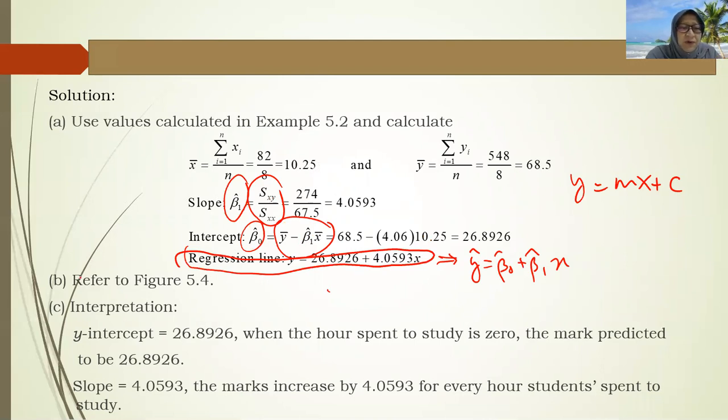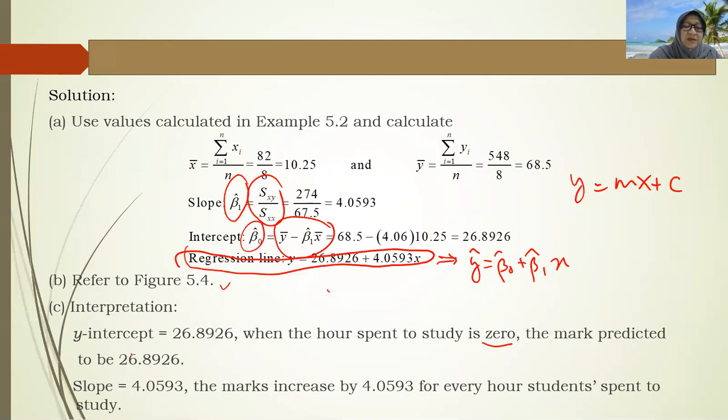The scatter diagram is similar to that shown in 5.4. Interpretation of the intercept: when the hours spent studying is 0, the predicted mark is 26.898. For example, a student who didn't study at all but just attended the class can score at least 27 marks.